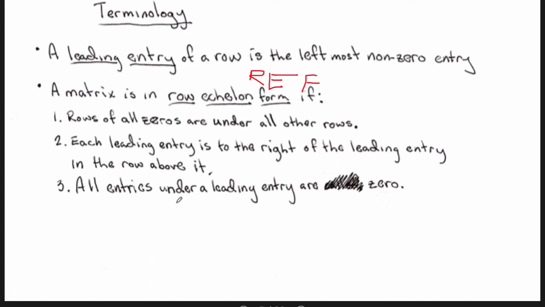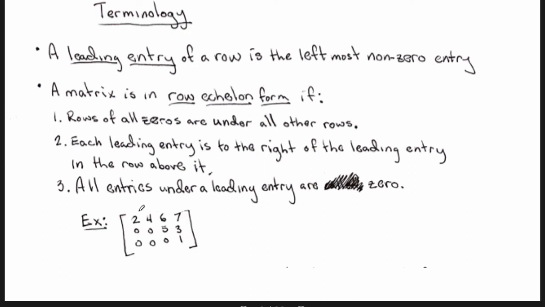So let's look at an example. The leading entry of this row is the leftmost non-zero entry. There are no rows of zeros, so number 1 doesn't apply. Each leading entry is to the right of the leading entry above it, and all entries under the leading entry are 0.